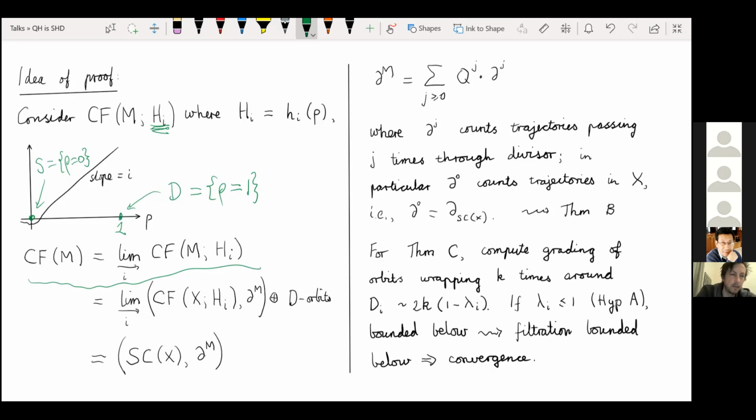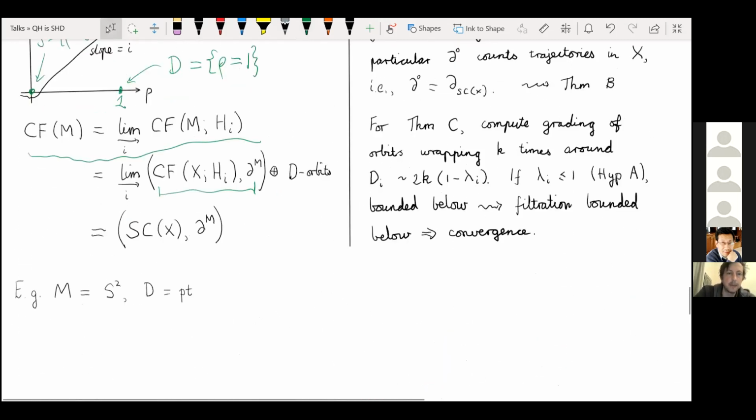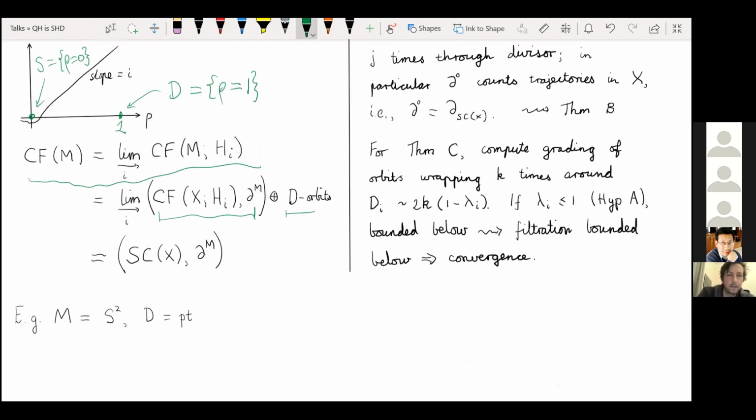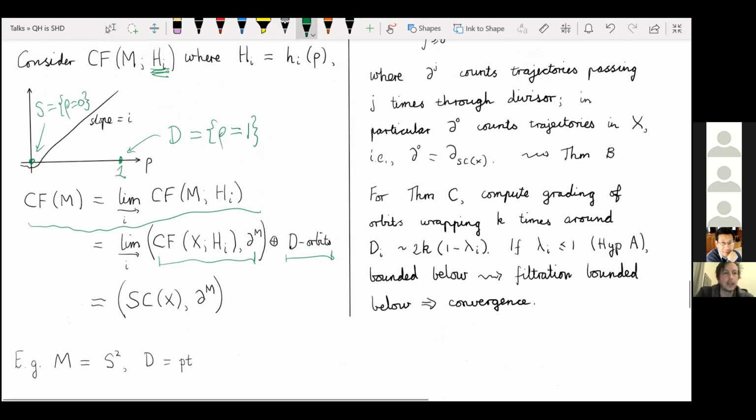And by construction, the orbits of these functions H_I break up into orbits that lie inside X, which is these ones, and orbits that lie on D. And by playing some games with gradings, you can cancel out this bit of the complex.